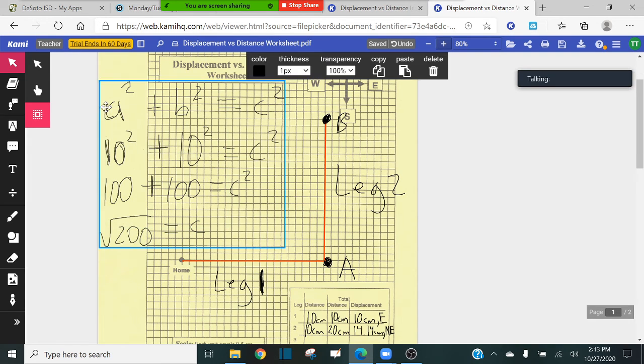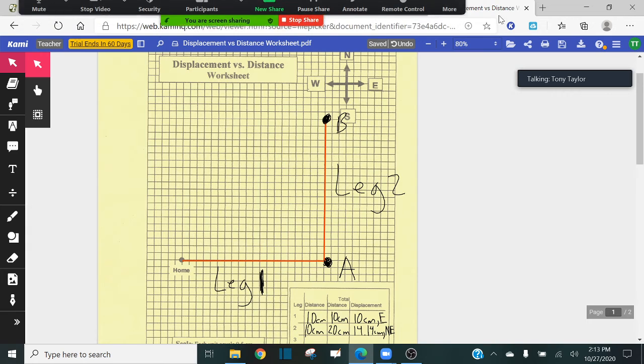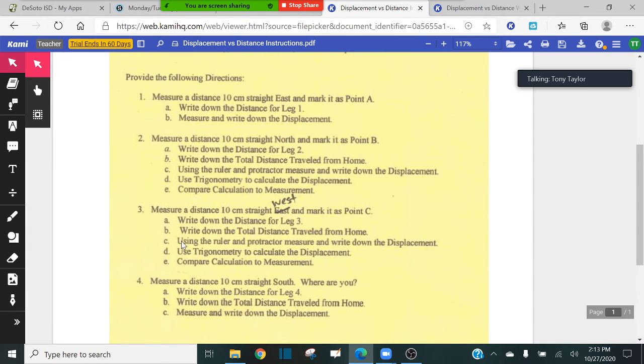All right, so let's move on to the third step. The third step says measure a distance of 10 centimeters straight west and mark it as point C. Write down the distance for leg 3, write down the total distance traveled from home, and then measure and write down the displacement. So let's go into this.